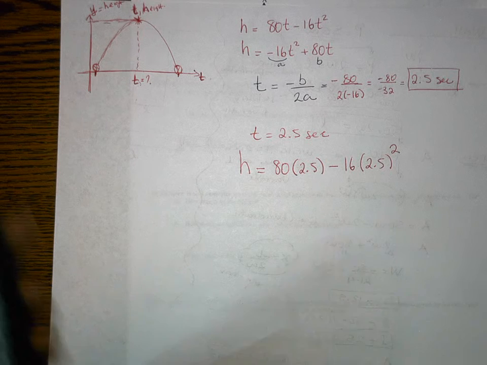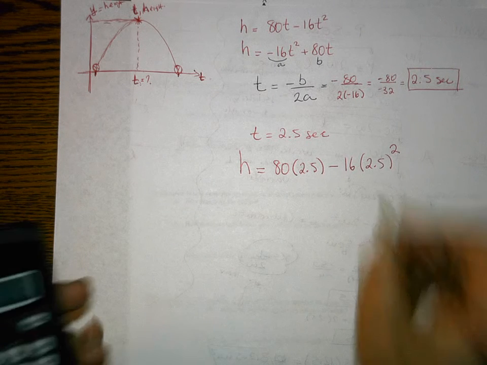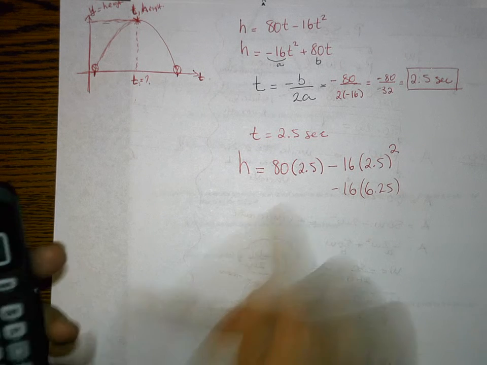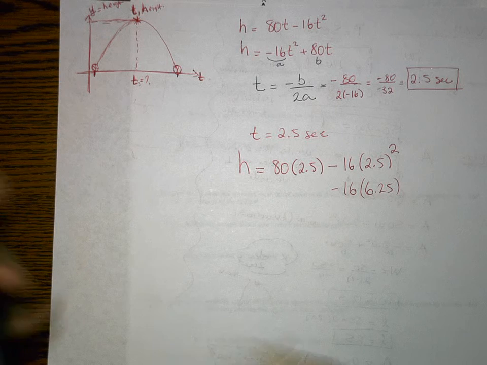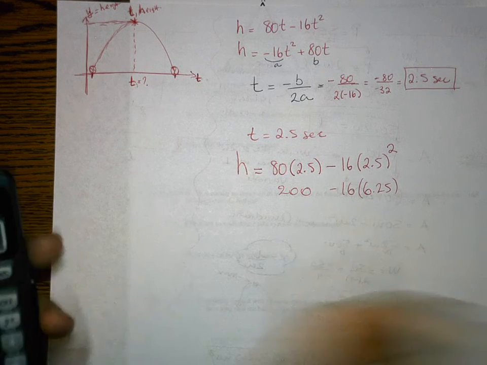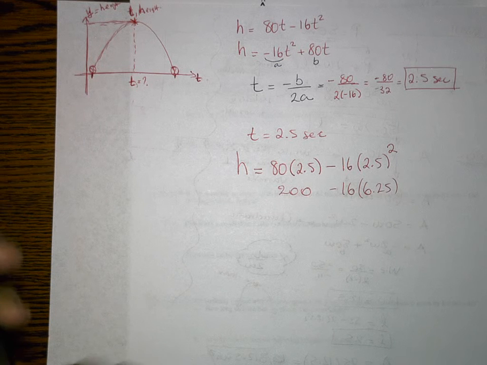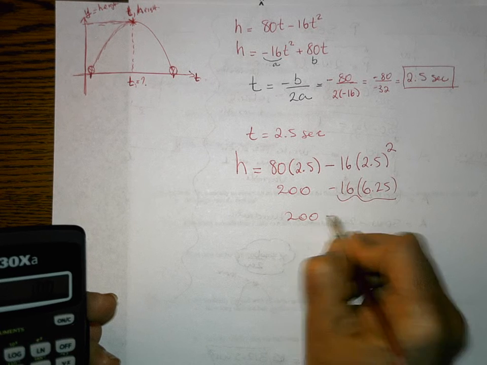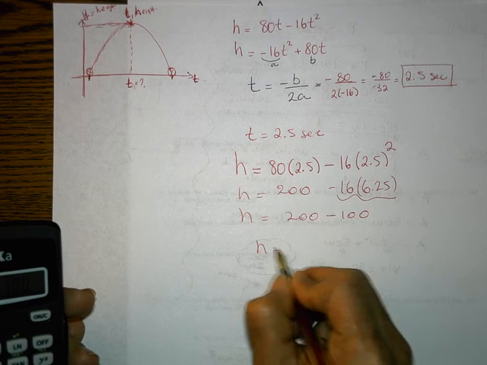So 2.5 times 2.5 is 6.25 times the negative 16, and 80 times 2.5 is 200. And then all you have to do is 200 minus 16 times 6.25, which is 100. So you have 200 minus 100, so your height is just 100.